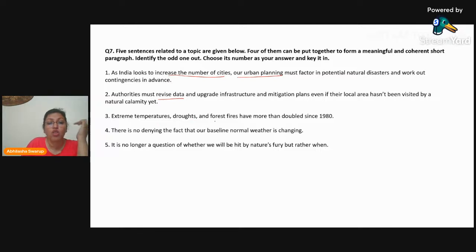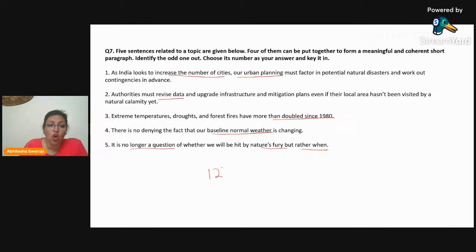Extreme temperatures, droughts, forest fires have more than doubled since 1980. There is no denying the fact that our baseline normal weather is changing. It's no longer a question of whether we will be hit by nature's fury, but when. Very interesting sentences. Now, look at this. It is talking about the fact that there is very little urban planning that configures disaster planning also.